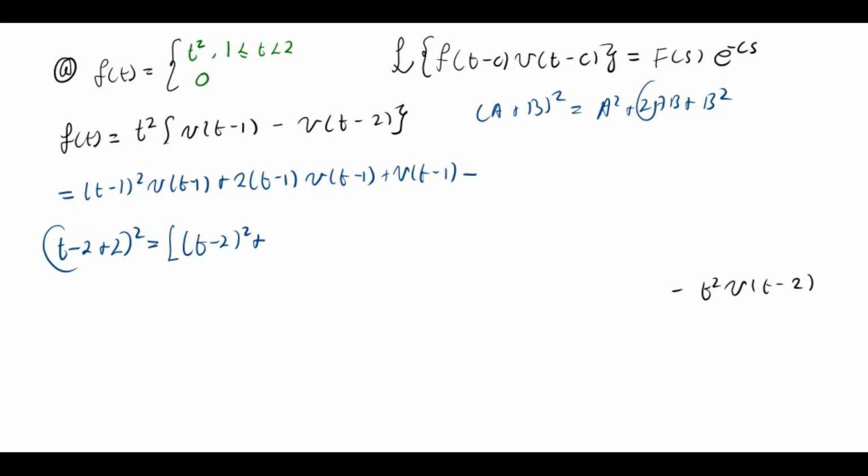But observe that this 2 when multiplied by this 2 is going to be a 4. So you have a 4 here times t minus 2, then plus 2 squared, which is a 4. Then you have u of t minus 2.